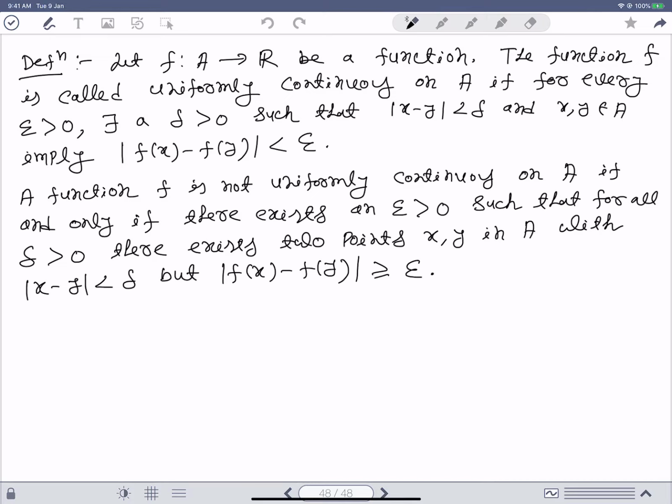Okay. So if f is a uniformly continuous function on the domain A, then that was the definition, right? And this was the negation of the previous definition. That means f is not uniformly continuous if and only if this condition holds. Fine.